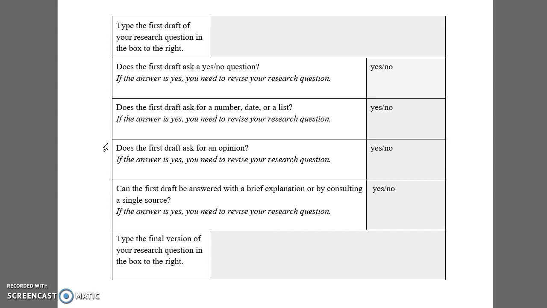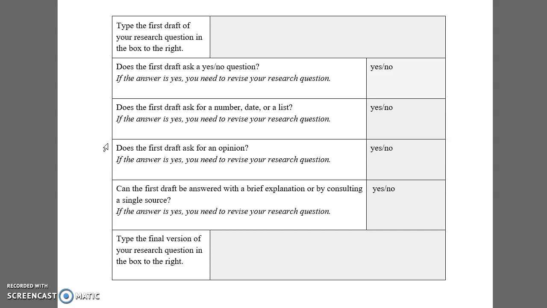So my example of how many people fought on each side of the Civil War, obviously that's going to be a brief explanation. I could find it by consulting a single source, and I could also answer it by providing a number. So that's definitely not a good example of a research question.